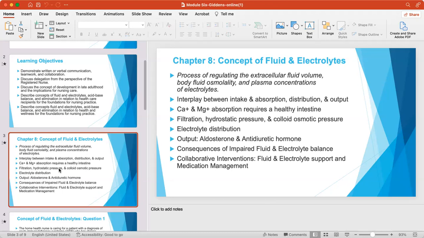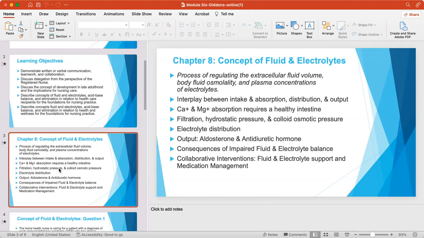So electrolytes, or substances that are charged, are usually referred to as particle ions when they are placed in water. Some examples, and I'm sure you know these, are sodium ions, potassium ions, calcium ions, and magnesium ions.